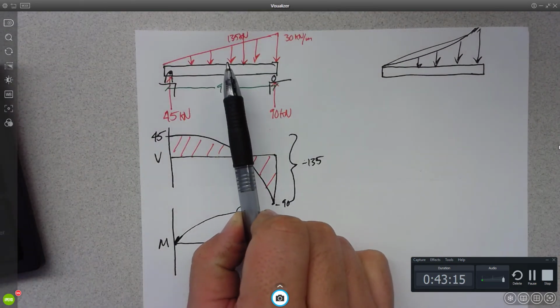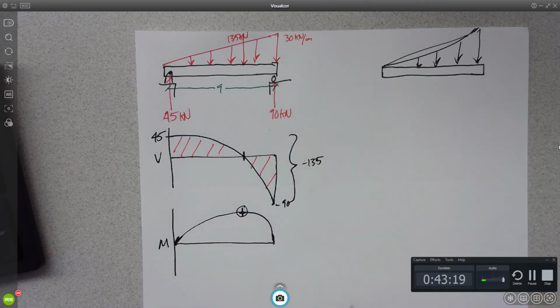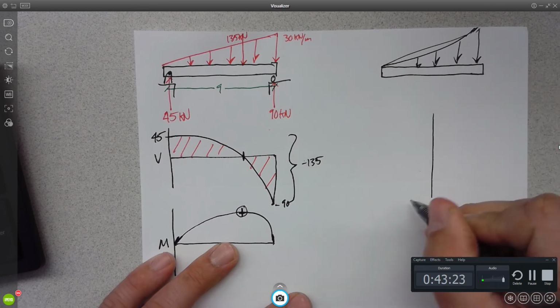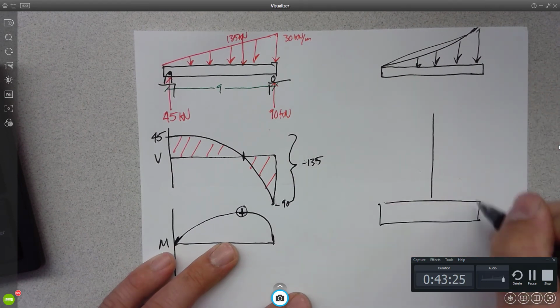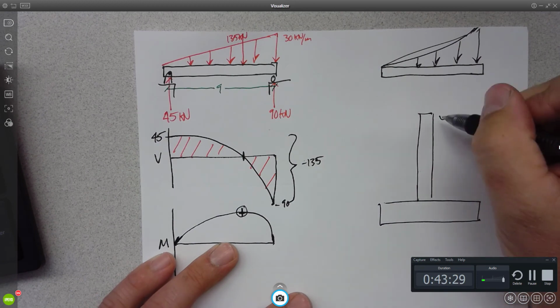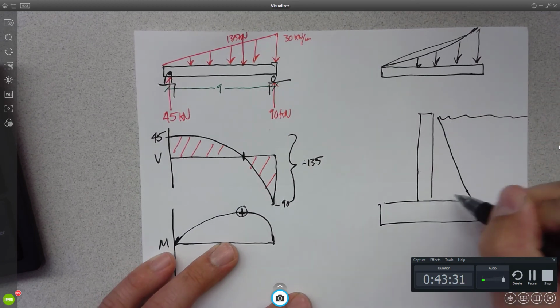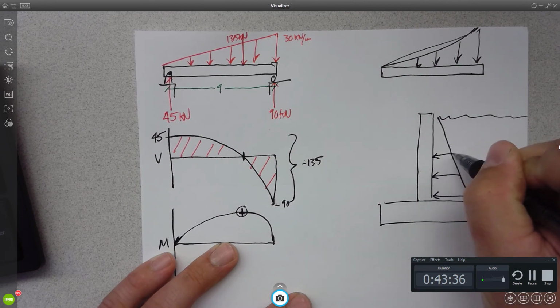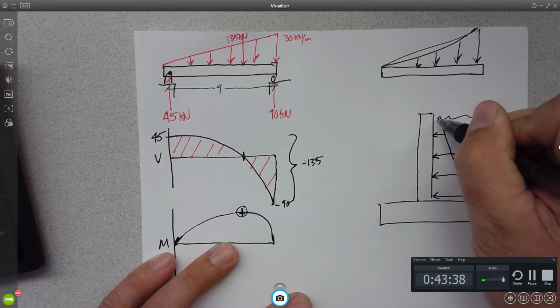When do we end up with this? When we're looking at, like that beam I showed you on my phone, a dam. If this is a dam and there's water behind it, it turns out that pressure does this, right? Pressure gets more as you go down, has zero pressure at the top.